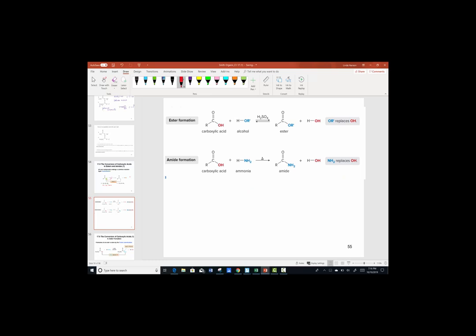This is a carboxylic acid reacting with an alcohol to form an ester, and we're asked to draw this general pattern. So our carboxylic acid, we're going to start by recognizing the COOH, but what's getting exchanged is the OH part of the functional group.